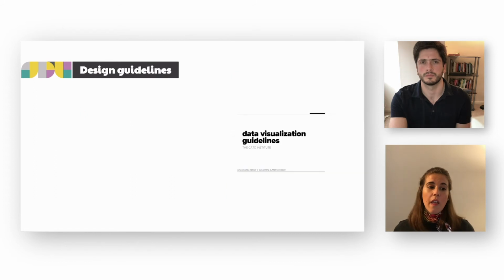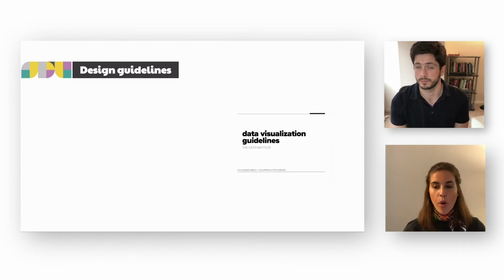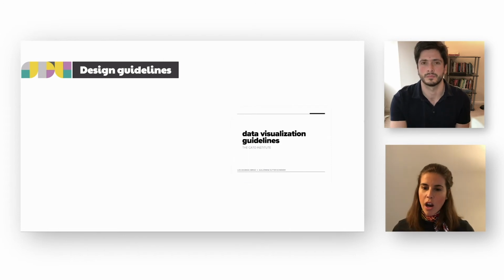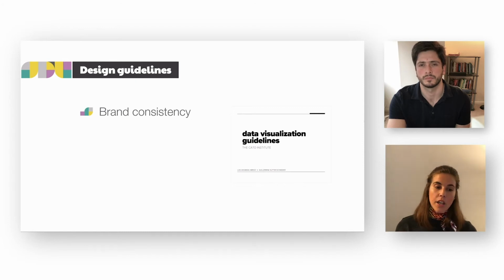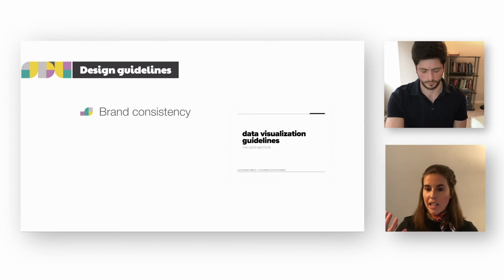So moving on, the second step, designing the guidelines. So first off, what we'd like to talk about is brand consistency. It is very important to be consistent with the overall look or image of the organization. So I would say there are two ways of approaching the whole design of the data visualization guidelines.